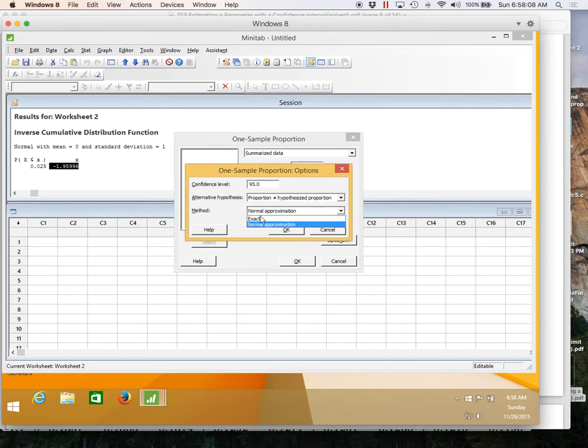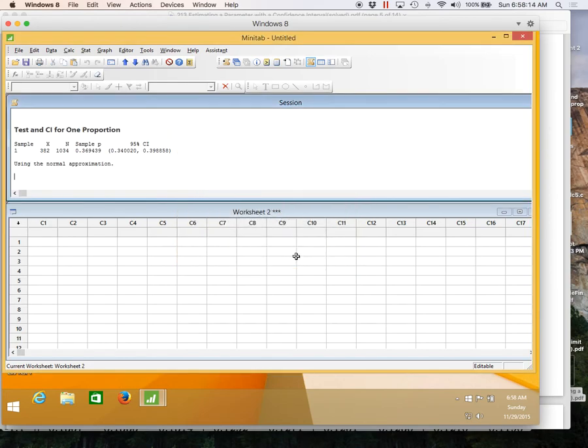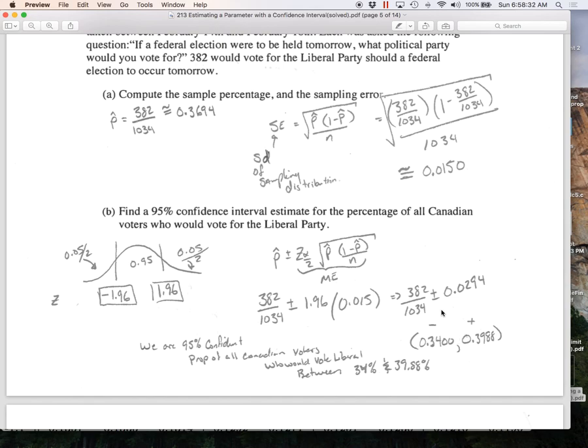The default is the exact, and we don't want that. We want the method to be the normal approximation. If we press OK, then here it tells us we are 95% confident that the proportion is in between on the lower side 0.34 and on the higher side 0.398 or 0.4. So that is exactly what we got here as well.